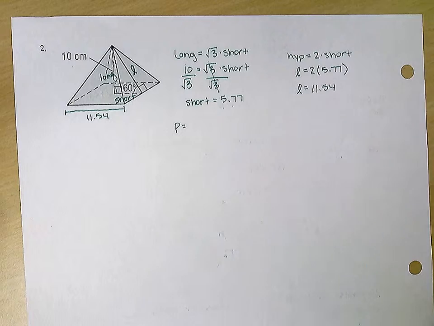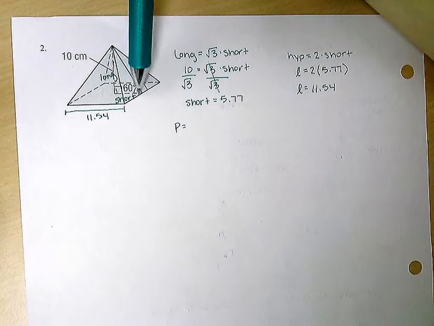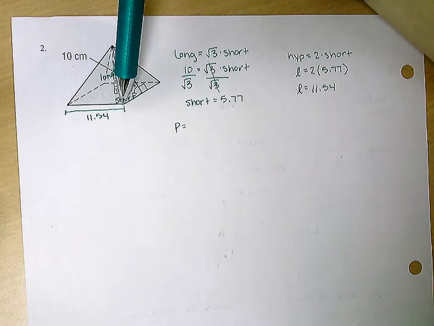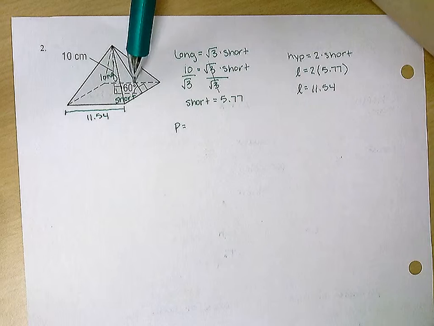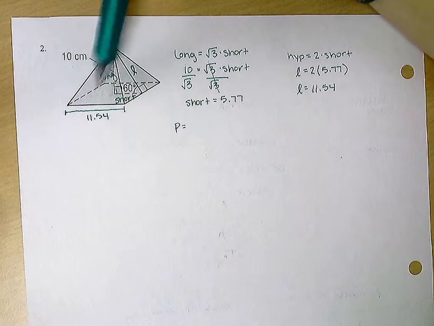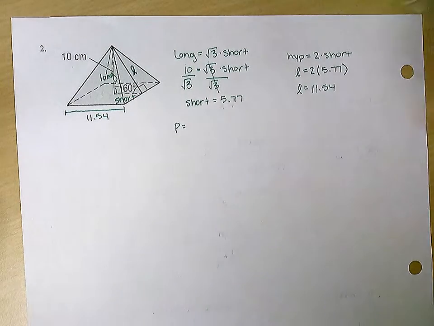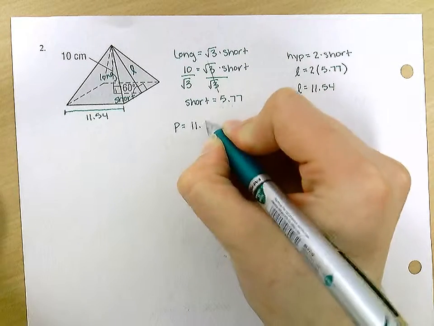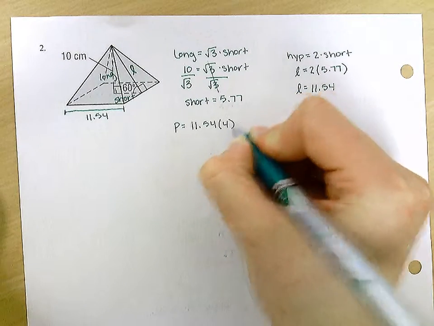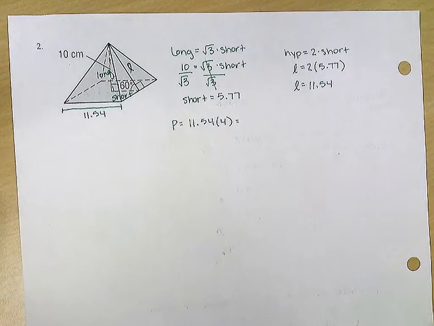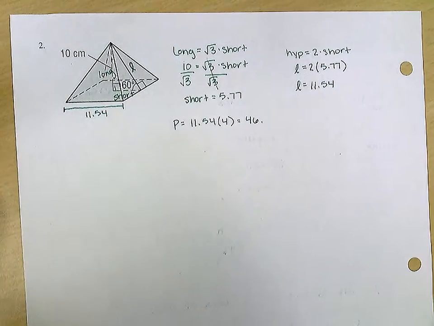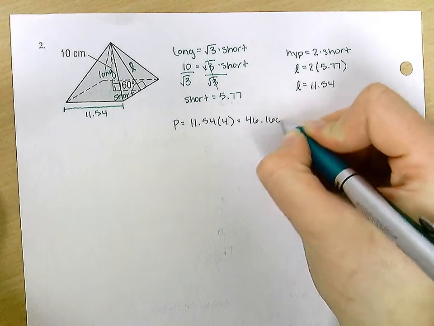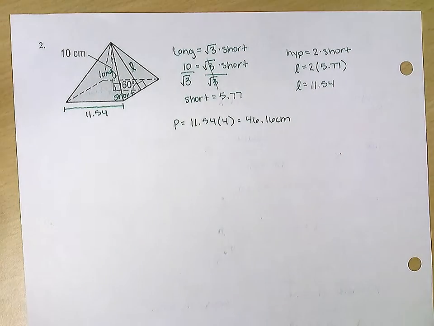You just have to multiply that short side by 2 to get the entire base length. To find our perimeter then, since this is a regular polygon on the bottom, we add up all 4 sides because they're the same, or we can multiply by 4. So our perimeter is going to be equal to 46.16 centimeters.